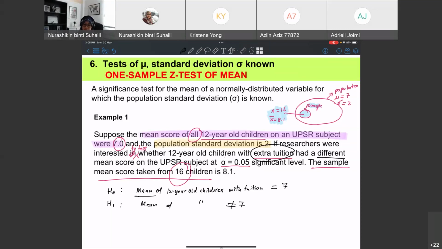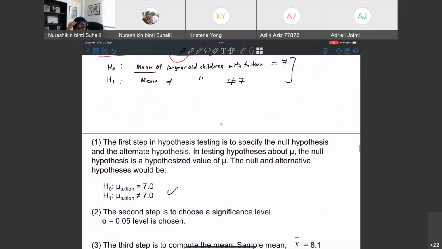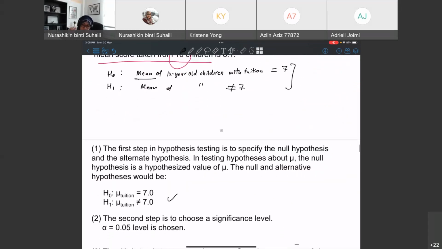That's how you set the hypothesis. The reason it's important to digest the information, like what is the sample and what is the population data, is so you can set the hypothesis as well. You can also use the symbol: mu tuition is equal to 7.